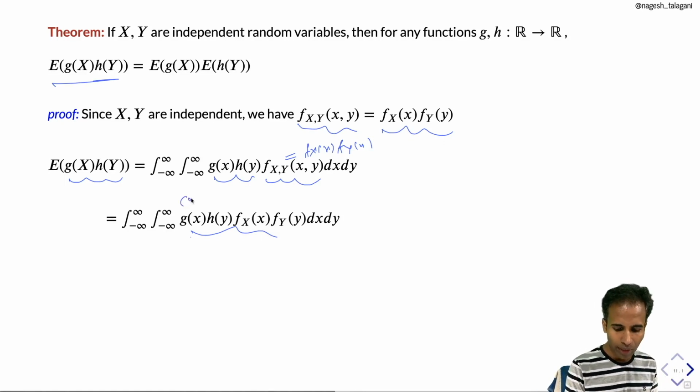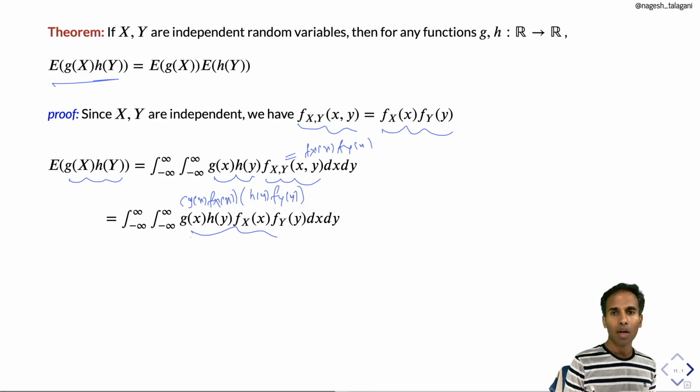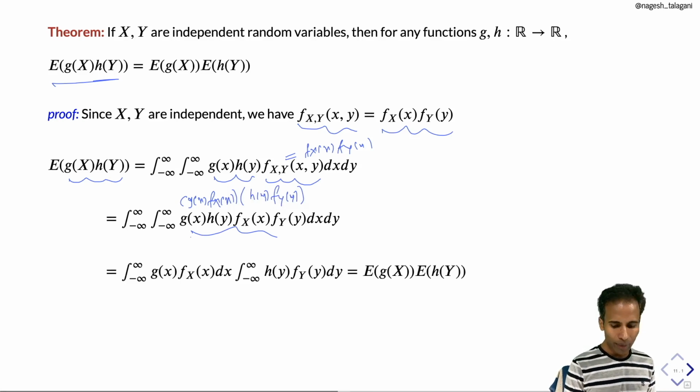Like this, I can write g of x times f of x times h of y times f of y. Now this double integral we can write as a product of two integrals like this. This is one integral, this is another integral. This is nothing but the expectation of g of x.